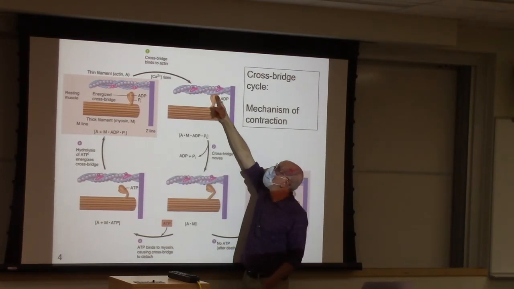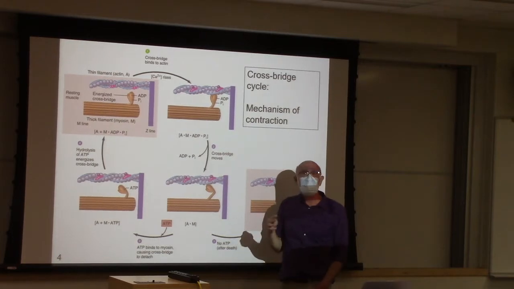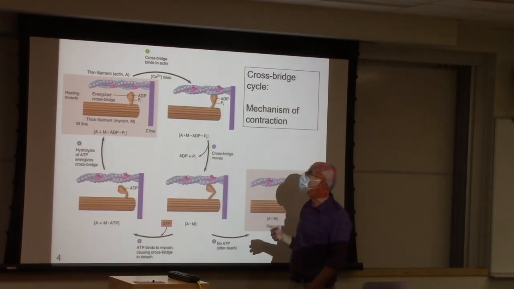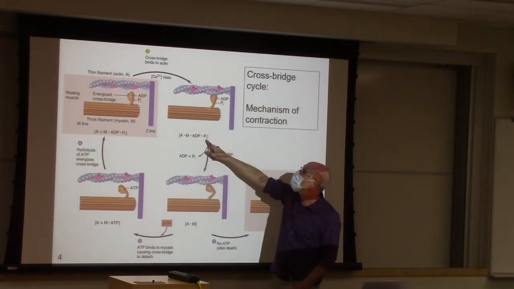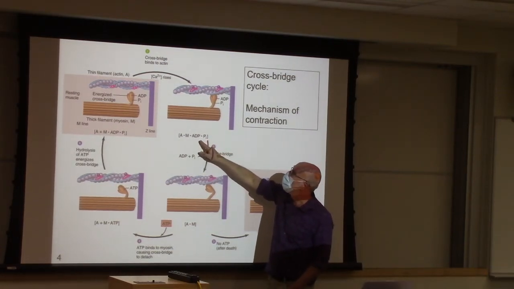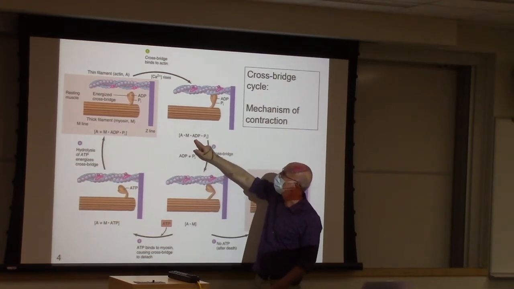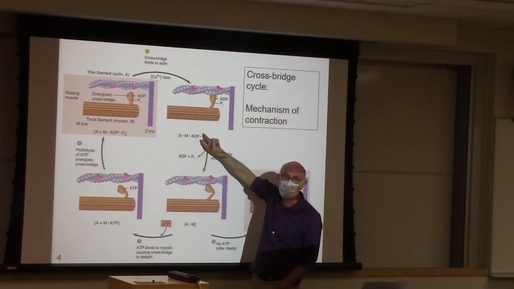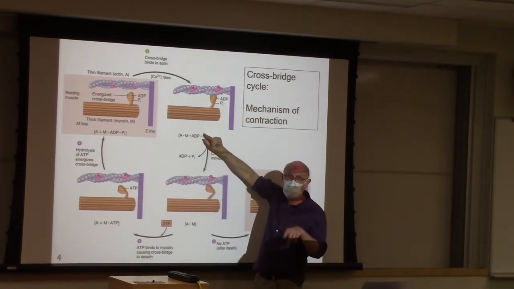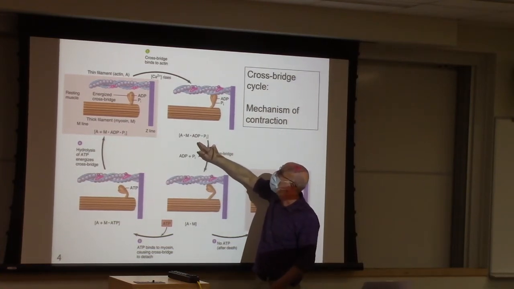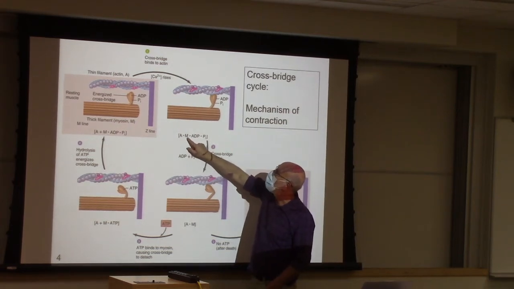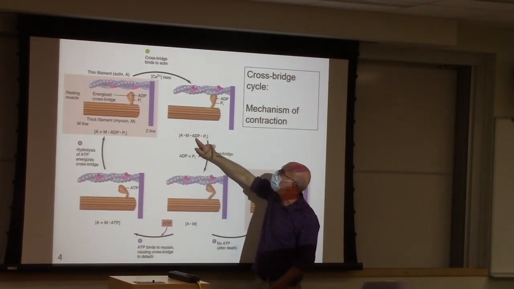The binding of myosin to actin triggers a conformational change in the myosin, causing it to release. So what is this? This is actin, myosin, and the myosin is bound to ADP and phosphate. You'll see where that comes from when we complete the cycle.